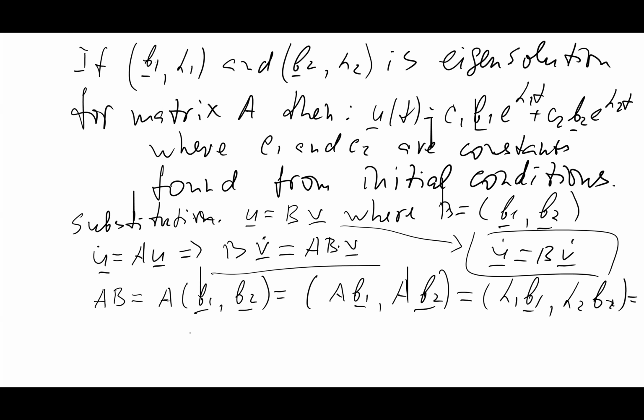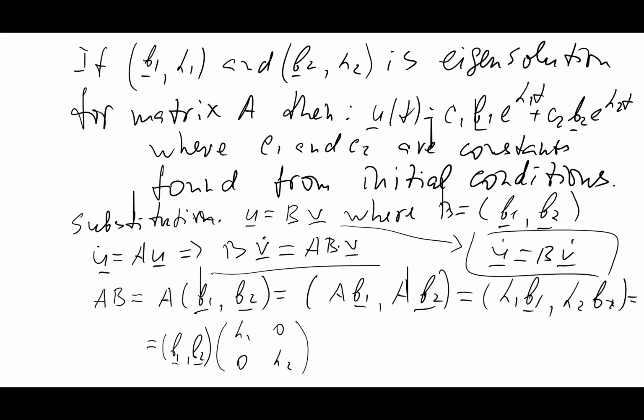And this can be represented as a product of this matrix and the diagonal matrix lambda 1, 0, 0, lambda 2. So this one is correct, but we will have B1, B2 in front of this matrix.